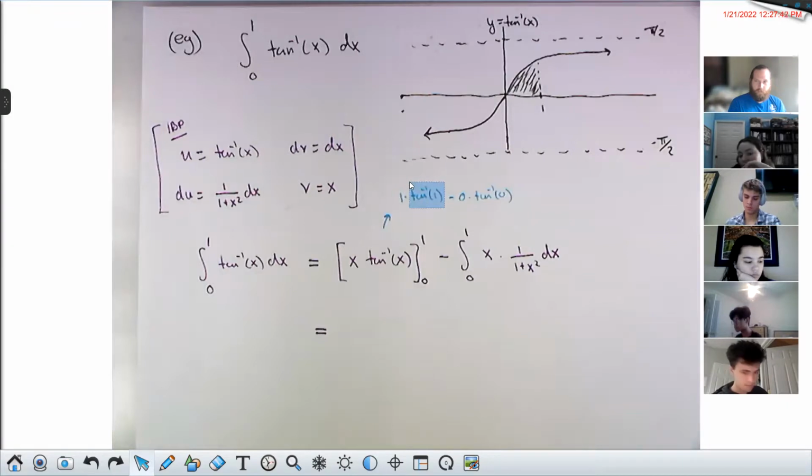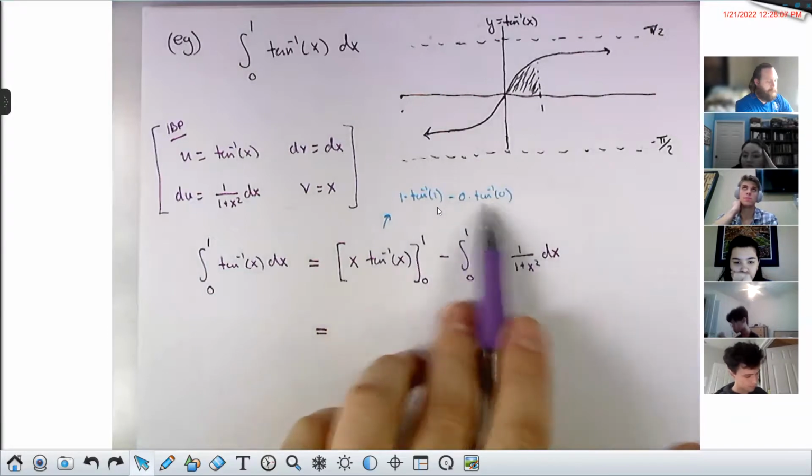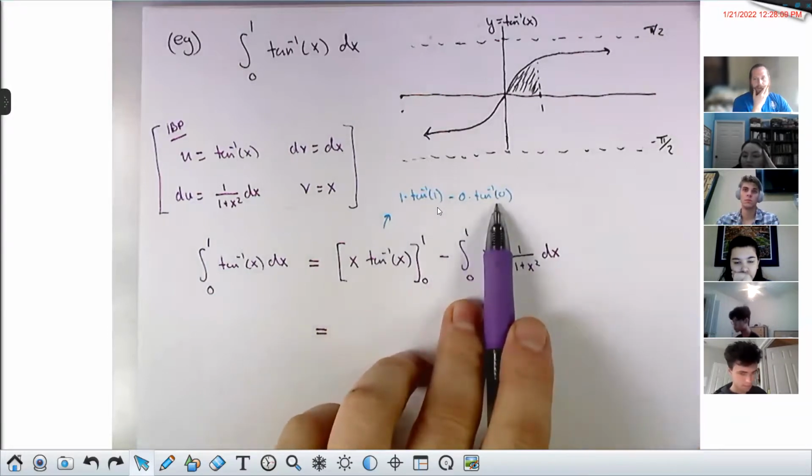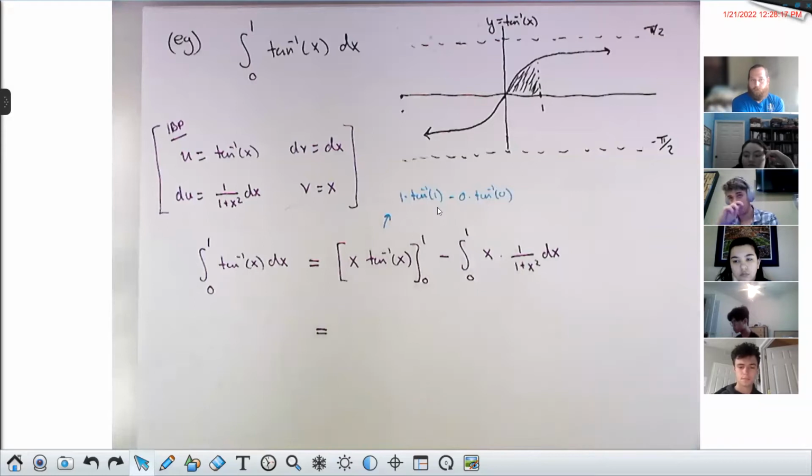What is the inverse tangent of 1? Very good. Pi over 4, right? It's the angle between negative pi over 2 and pi over 2, such that the tangent of that angle is 1. And there's only one such angle. It's pi over 4. So this is 1 times pi over 4 minus 0 times, while we're here, what's the inverse tangent of 0? I know it doesn't matter, but tangent of what angle between negative pi over 2 and pi over 2 is equal to 0?